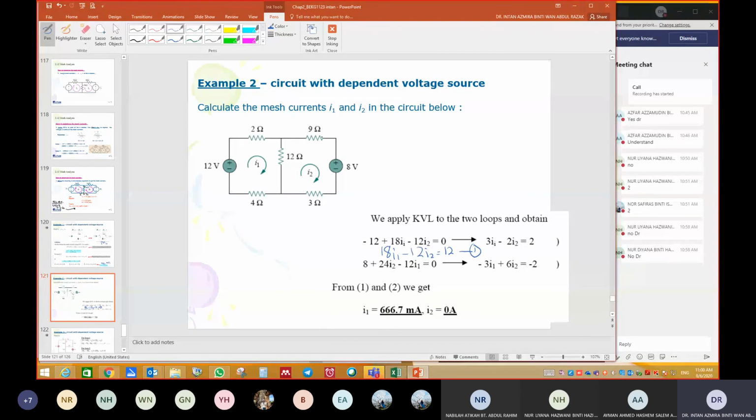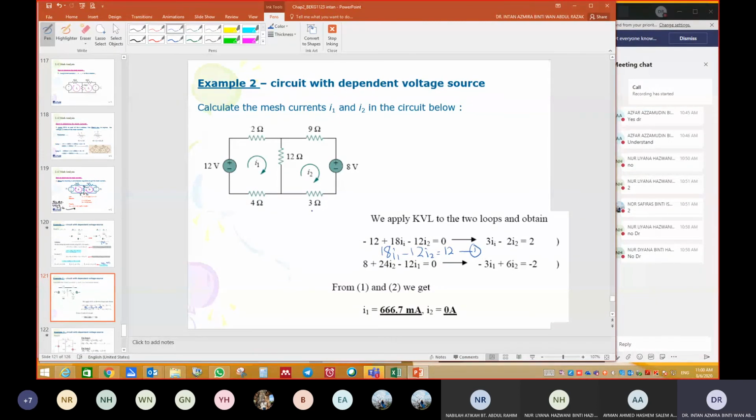And then we go to the second loop. So let's count how many. We may start with I1, but I1 must be negative. 12 is the resistance shared with I1. So minus 12 I1, and then count how many resistances in loop 2. We have 12, 9, and 3.